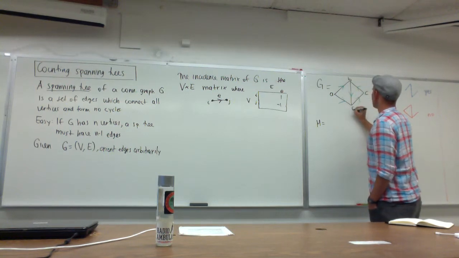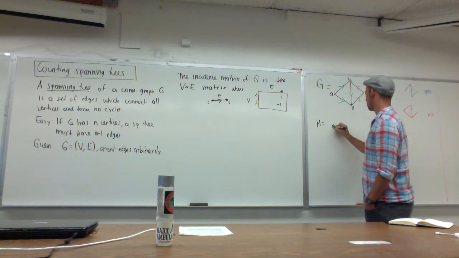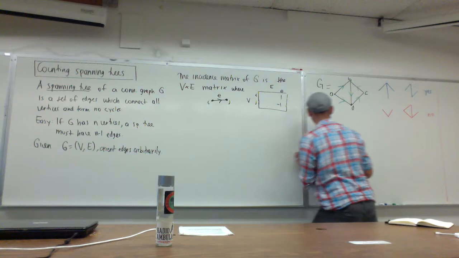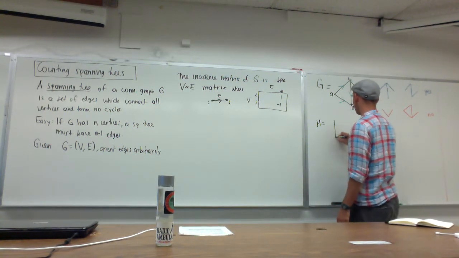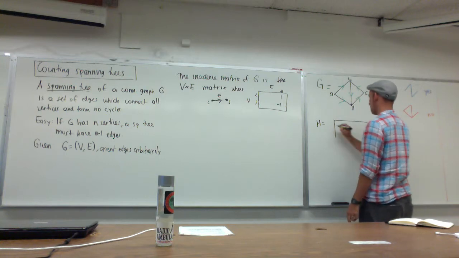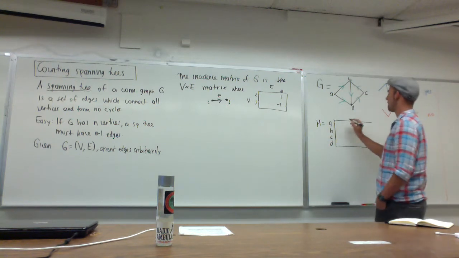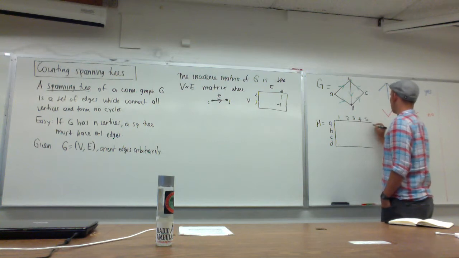I name my vertices A, B, C, D, and those are going to correspond to my rows. And my edges are going to be 1, 2, 3, 4, and 5.